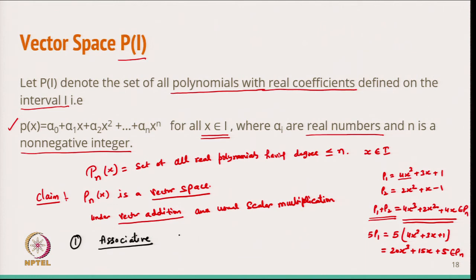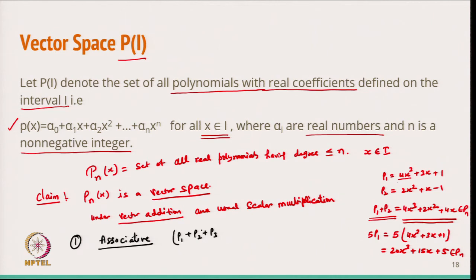In the associative property, we know that if I take a polynomial, I just represent it by P1. It is a function of x, it is understood that it is a function of x I am taking. So, P1 I am taking as one polynomial, another polynomial P2, and another polynomial P3, and I am doing the vector addition.